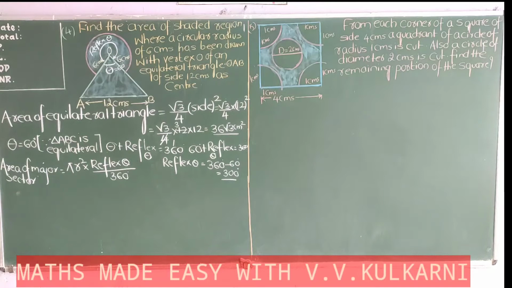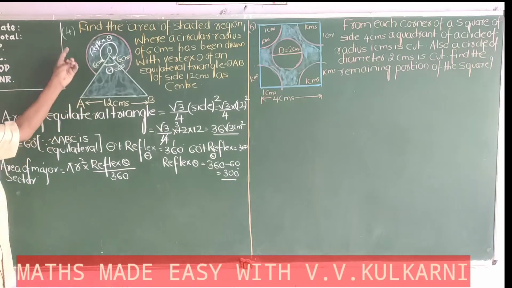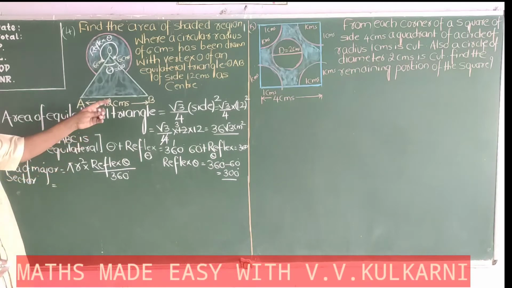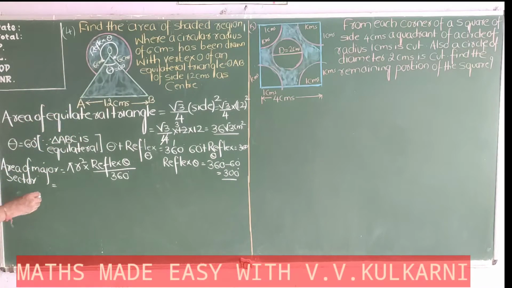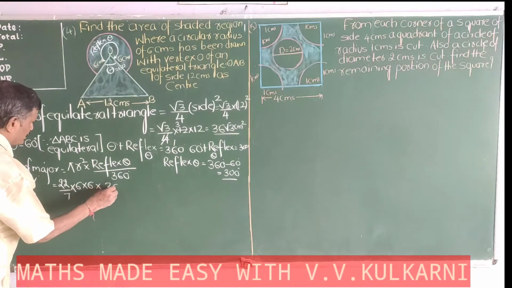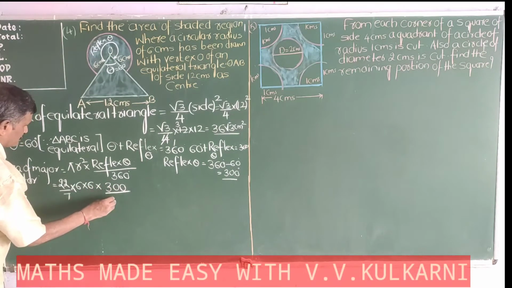Pi r square into reflex theta by 360 degree. So pi value given to us is how much? Nothing is given to us. That means 22 by 7 we have to take. Radius given to us is 6 into 6. And reflex theta means 300 divided by 360.